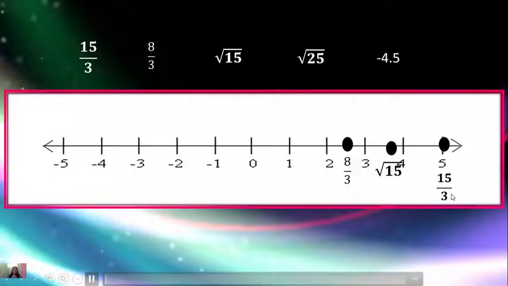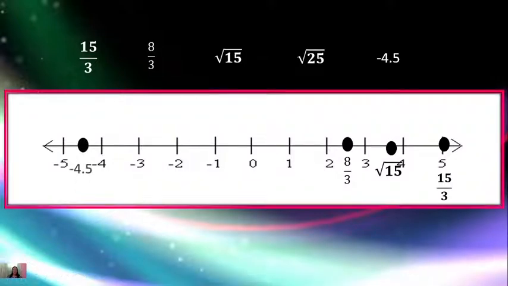Another one, negative 4.5. Let's move on to the negative numbers. It is in between negative 4 and negative 5. There you are, that is negative 4.5. And the last one is 25%.